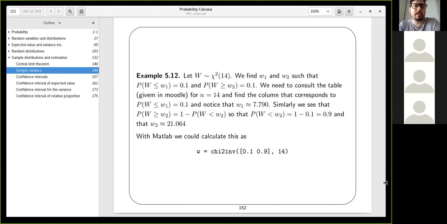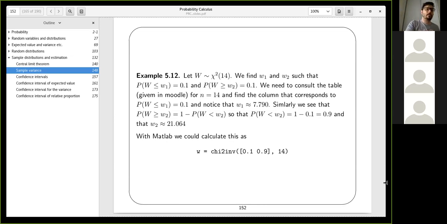So we need the tail ends of 0.1 probabilities. And because the chi-squared distribution, I'm not going to claim that my drawing is in any way accurate, but let's say it looks something like this. That's roughly the shape of the chi-squared distribution. It will rise here and then it will have a long tail. The tail should be even longer here, but never mind.